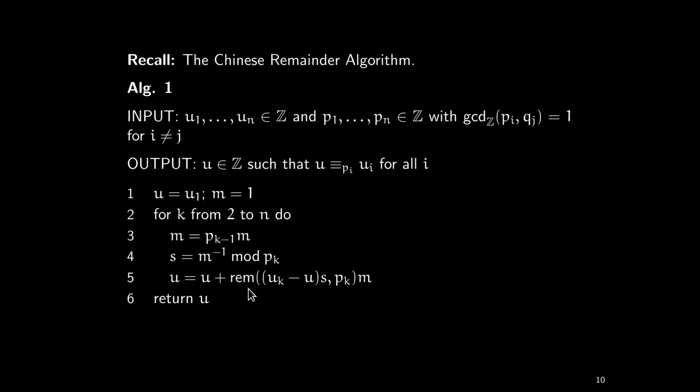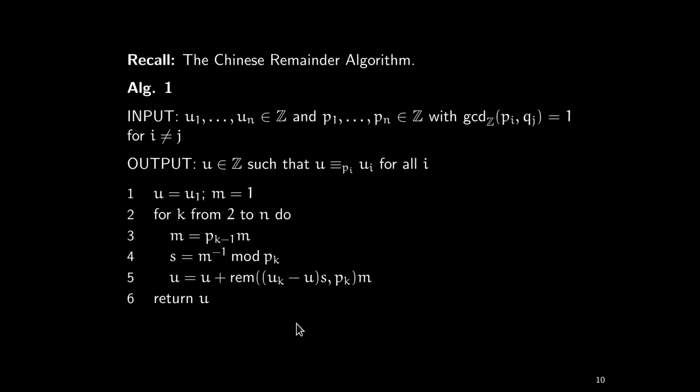First, whether you don't destroy the properties that you already had, and secondly, that it has the additional property that it is supposed to gain in this step. And for the first thing to check, you see that this m here is the product of all the primes that were considered so far. So if you take the new m, whatever this is, and take it mod pi, then this one will be 0, so this doesn't matter, and the result will be u. So the new u and the old u will have the same image mod pi for every i that is less than k. That's the first thing.